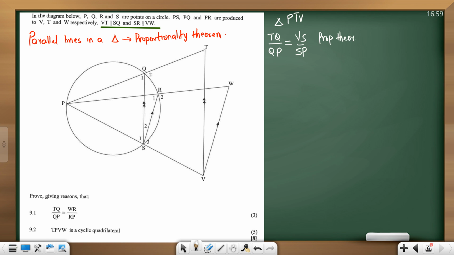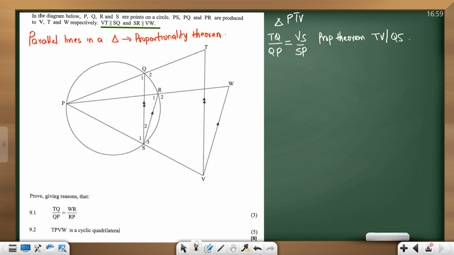But it's not complete, remember? It's not complete. CV parallel to QS. TV parallel to what? QS. All right, we're done with the first one. Now, what do you think I should do again?